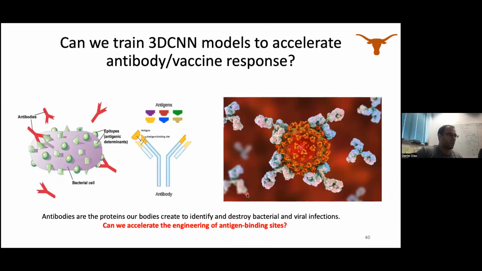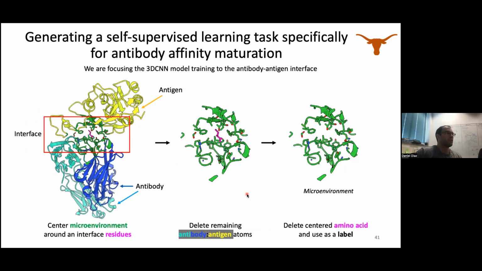Another application that we're working on is using these models to help accelerate antibody maturation protein engineering. So essentially transfer learning the model, but just to amino acids that are at the antigen antibody interface. Again, same self-supervised learning task, but instead we select residues that are within 5 to 10 angstroms of an antigen.